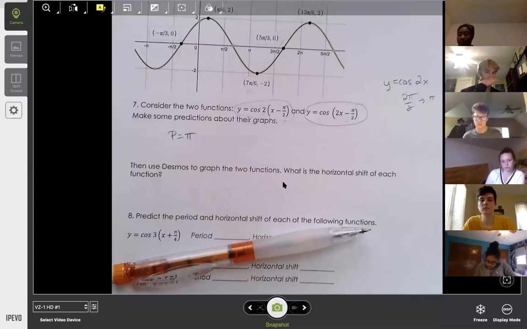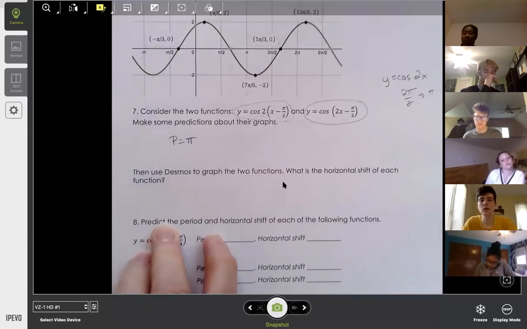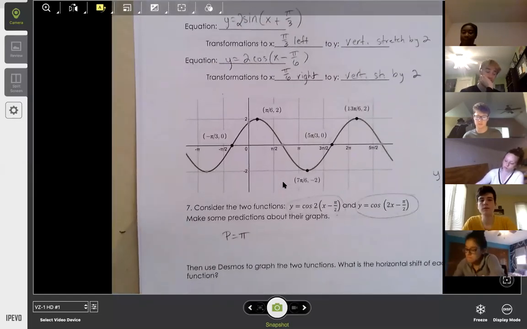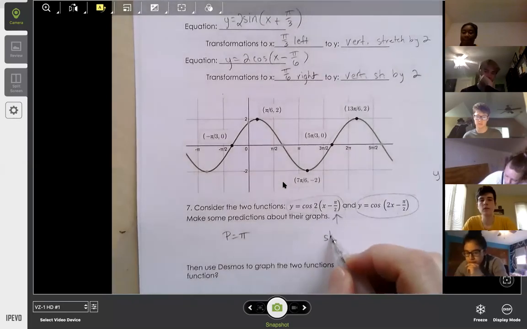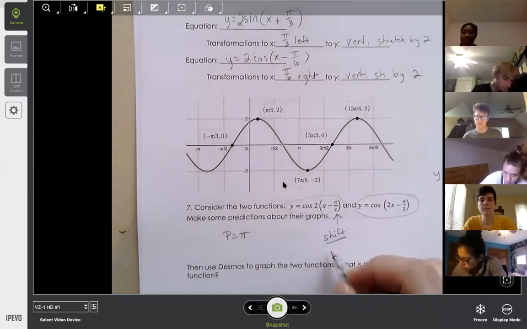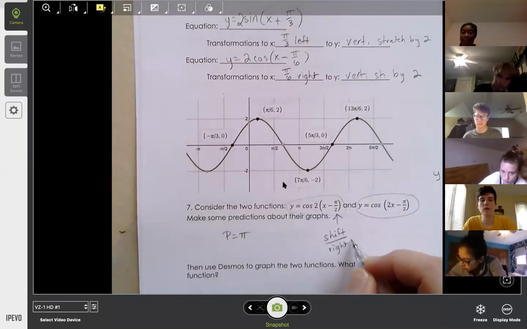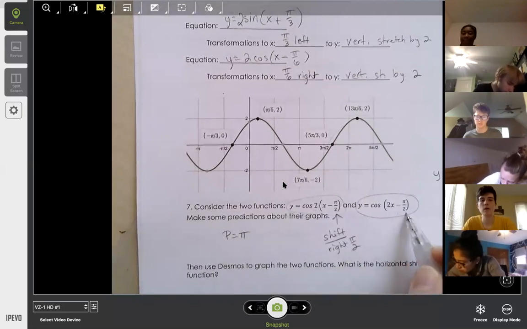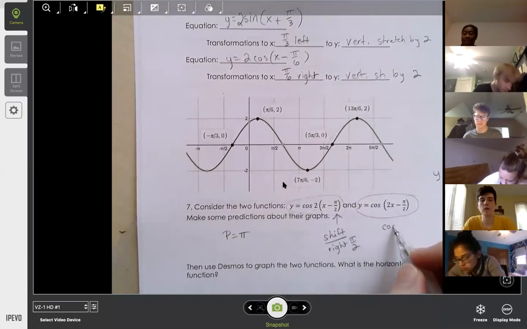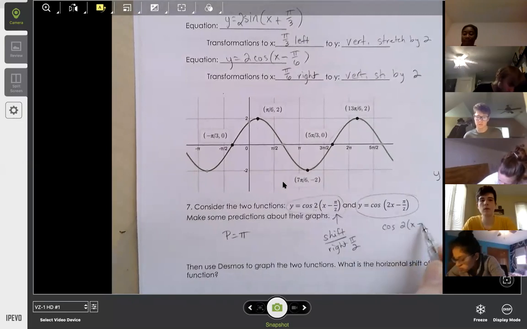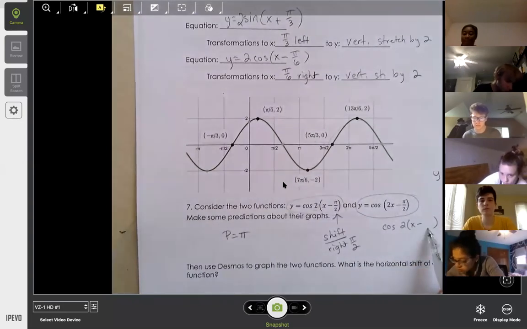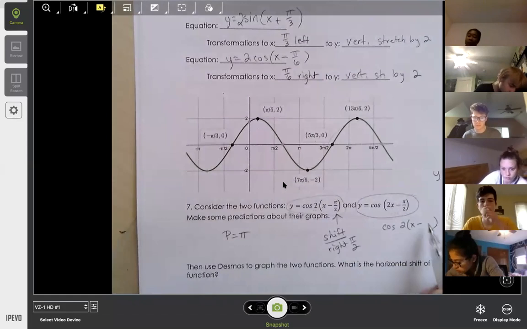So let's go back to, all right, so here, this was the shift, pi over 2. Here it wasn't. But if it was factored, what would this have to be so that 2 times this number is pi over 2?